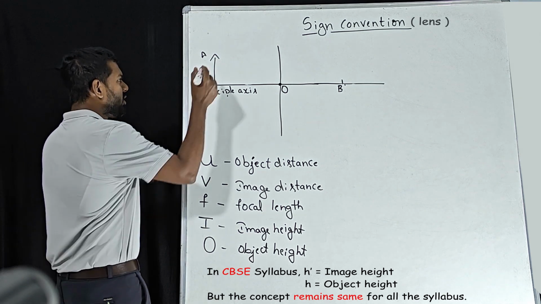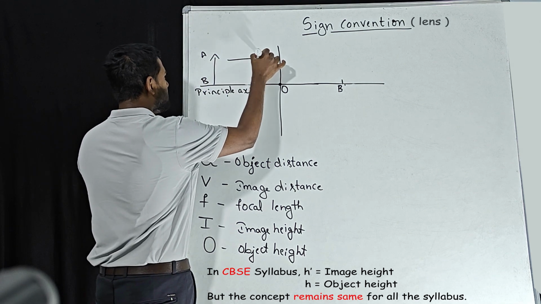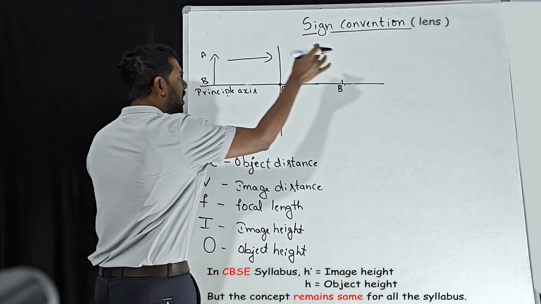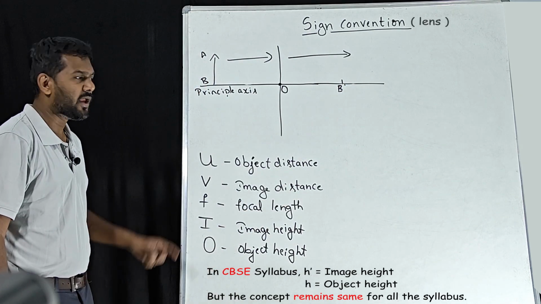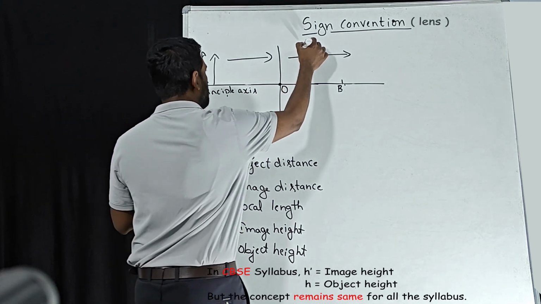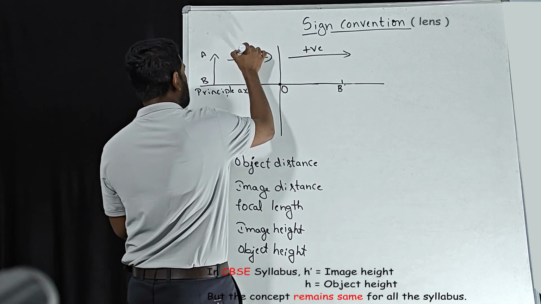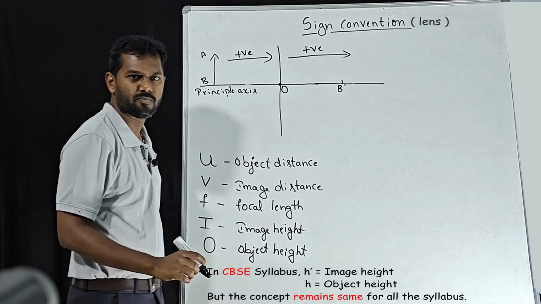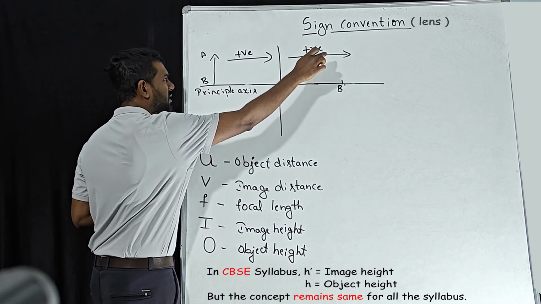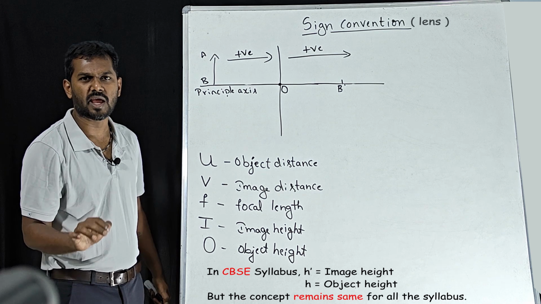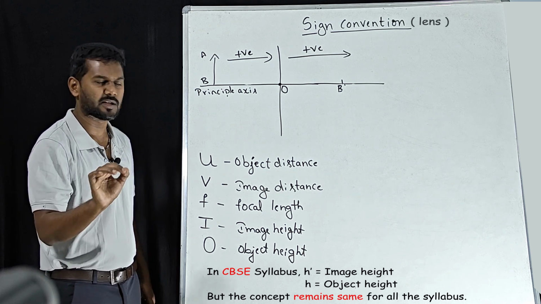Okay, listen. So here anything in this direction, whether this side or that side, is always considered as positive. How can we say this is in this direction or this direction? All the distances are calculated from what? Optic center, correct?